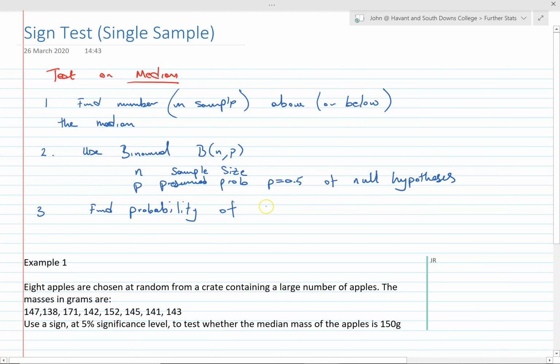Okay, and then what we do is we find the probability of the value being the given value, the number that's above the median, or something more extreme.